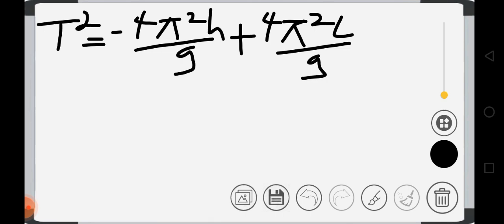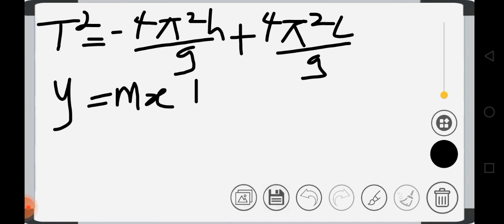If I compare this equation to y is equal to mx plus c, y is called the vertical axis or the ordinate, while x is called the horizontal axis or the abscissa.